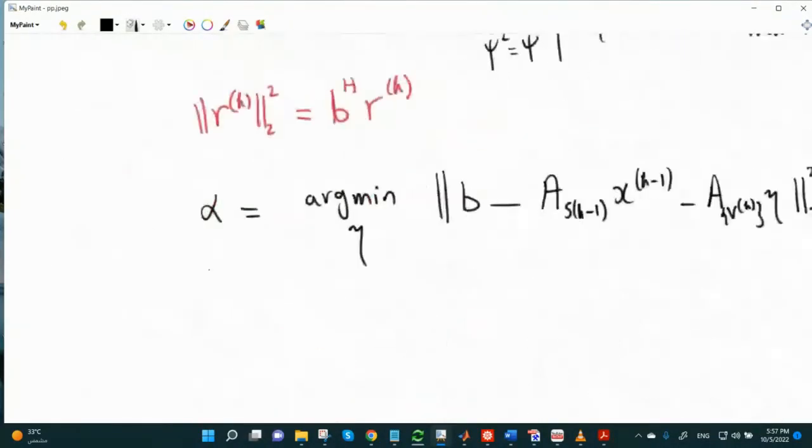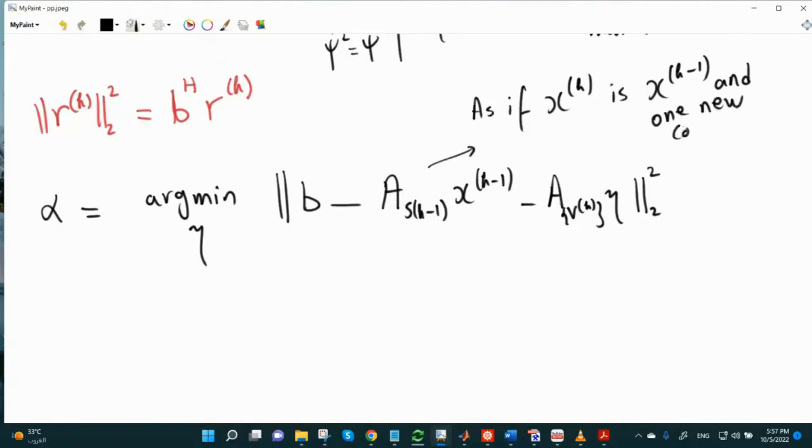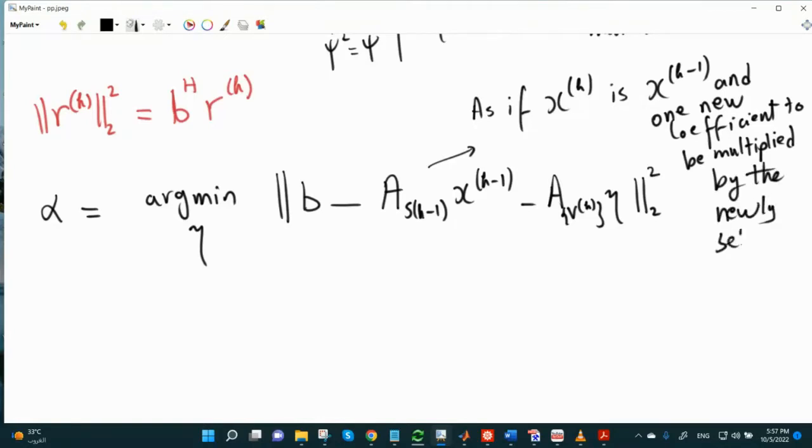So what are we doing here? We are basically saying that x of k is x of k minus 1 and one new coefficient to be multiplied by the newly selected column.